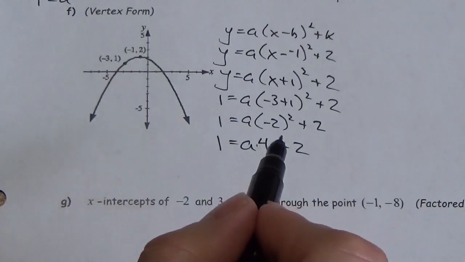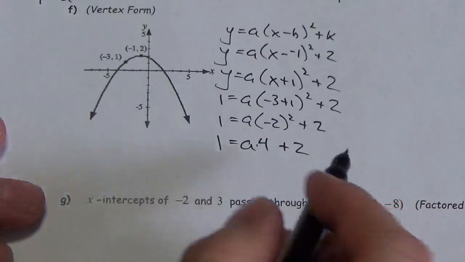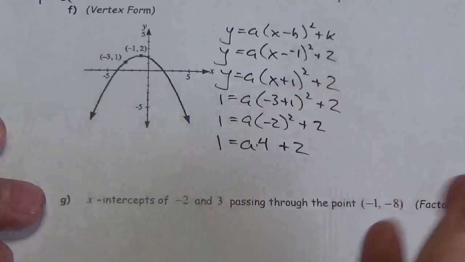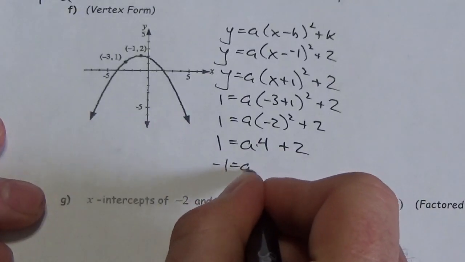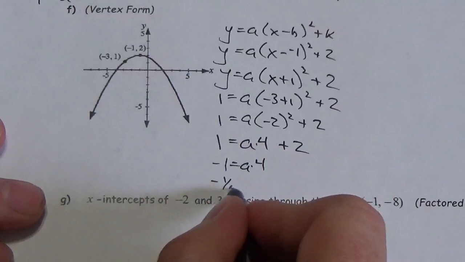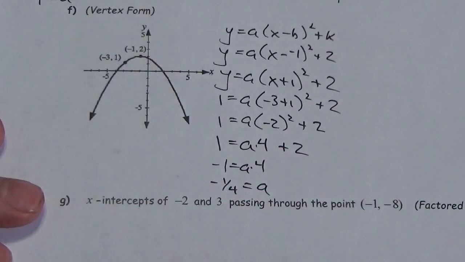And since I don't know what the a is, I can't do that first. But it turns out that's okay, because I want to solve for a. So really what I want to do is get rid of this plus 2. I'm going to subtract 2 from both sides. And then I'm going to divide by that 4 to get a by itself. And I get a is equal to negative 1/4.